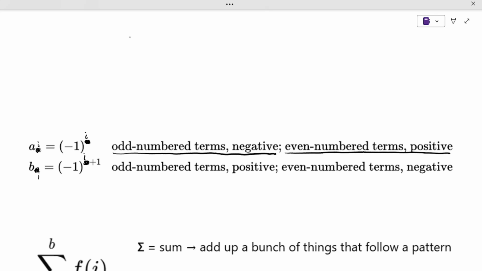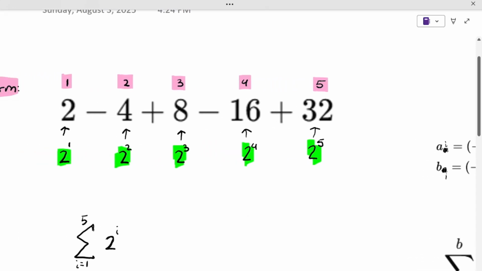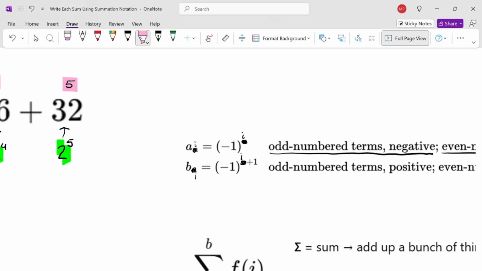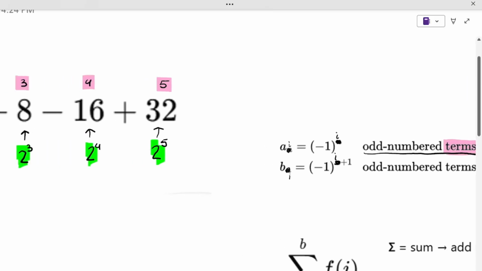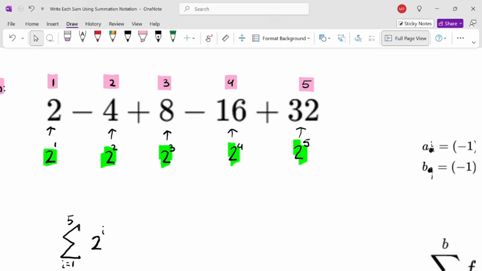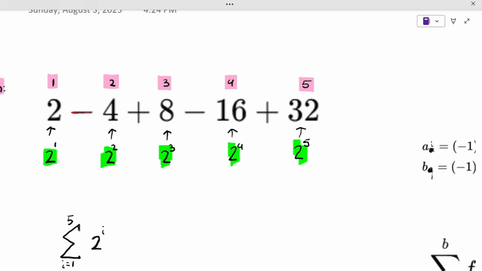So what this means, if we go back over to our sequence, we're looking at the terms here. We're not looking at the numbers in the sequence, which can be kind of confusing. So we're not looking at whether this number in the sequence is even or odd. We're looking at the term number, right?